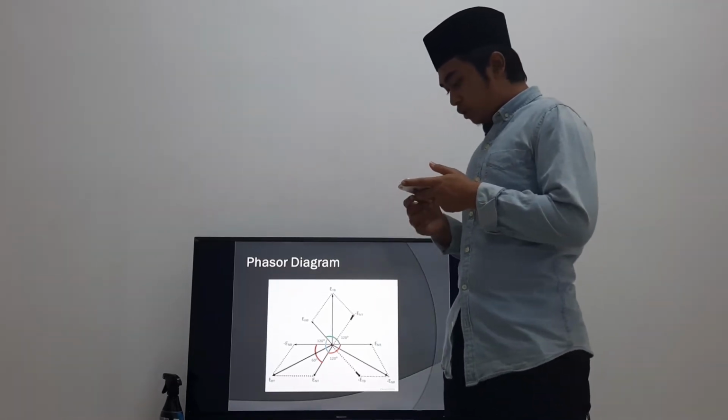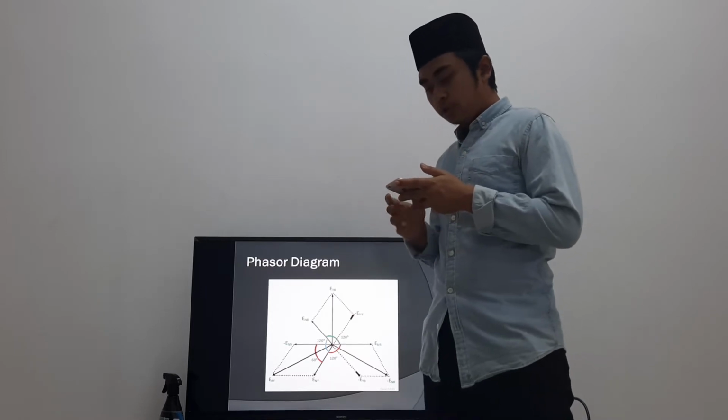Line voltage equals root 3 times phase voltage.